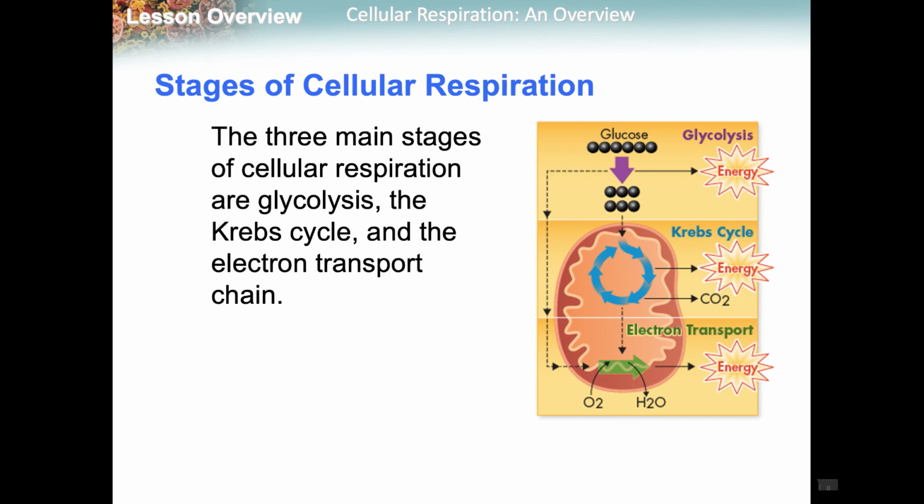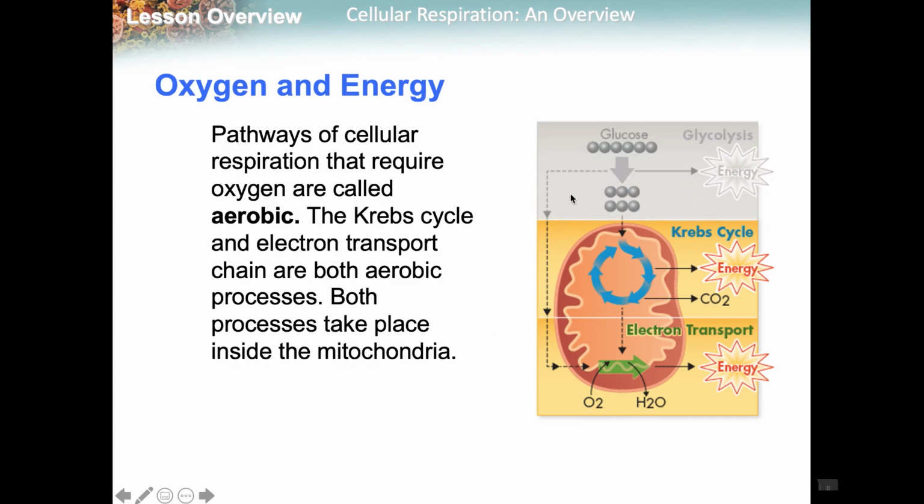So there's three main stages of cellular respiration. There's glycolysis, there is the Krebs cycle, also known as the citric acid cycle, and then there's the electron transport chain, which we can also call the ETC. Pathways of the cellular respiration that require oxygen are called aerobic, which we've talked about before. Aerobic means that it's in the presence of oxygen.